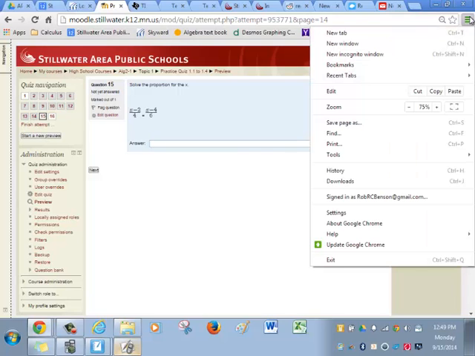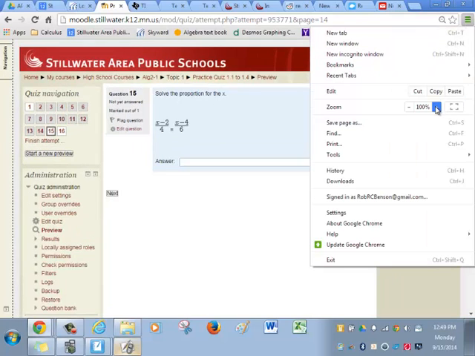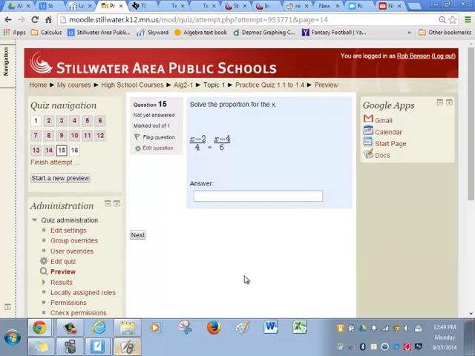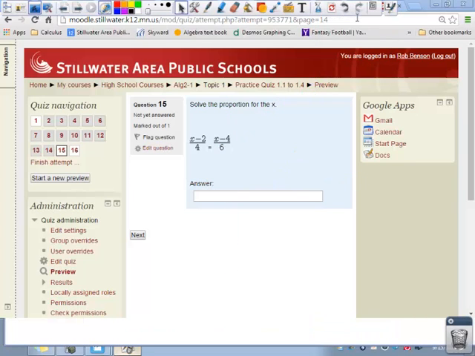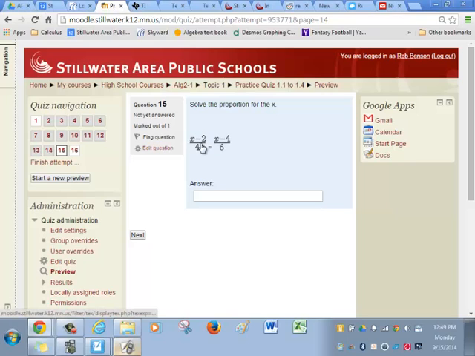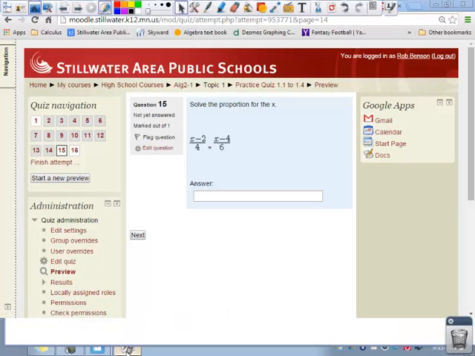Solve proportions. We're so close to being done. Now remember, when you have two proportions, you can use something called cross multiplication. I shouldn't teach you this because some people think they can use cross multiplication anytime they feel like it.